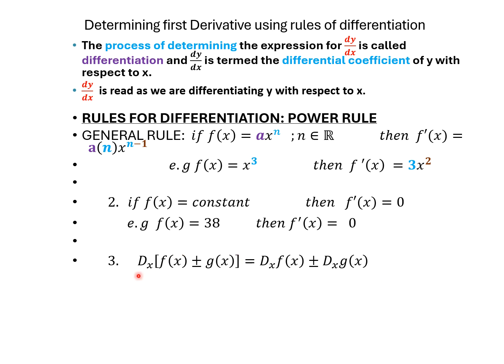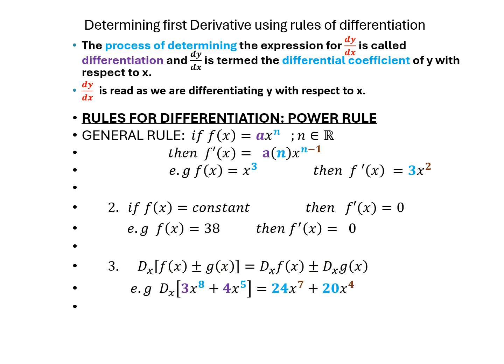Alright, then if we have to differentiate where we're given two equations, so f of x, or two terms, plus or minus g of x, I can differentiate f of x separately and g of x separately, plus or minus.